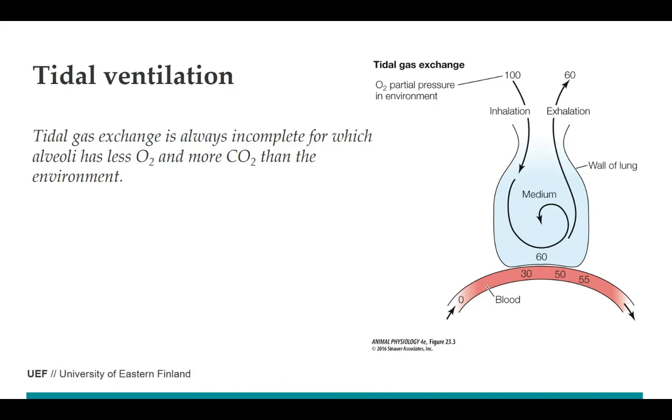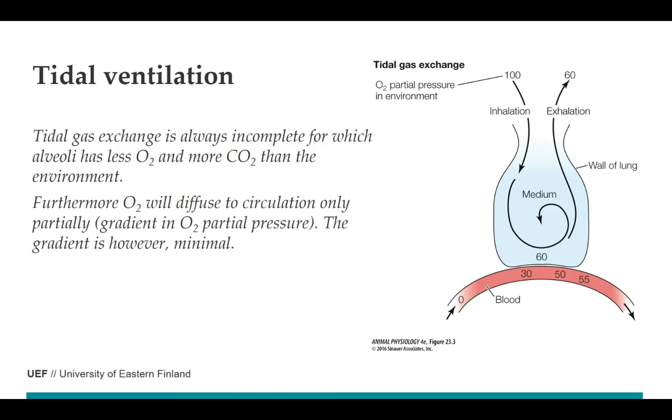And when it's there near the blood, only part of that will be transported by diffusion, because there must always be a gradient of this oxygen partial pressure. But actually that's very nominal. So in the blood in the circulation, the partial pressure of the oxygen is quite near the same as in the alveoli.